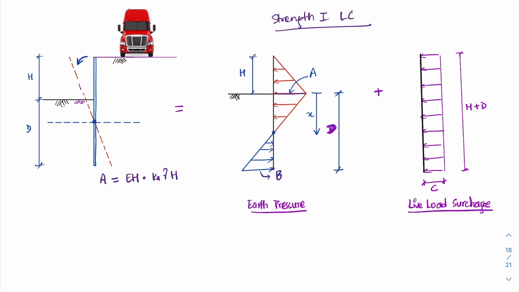Now I will calculate B in a similar manner. B is the intensity at the bottom of the sheet pile, which is basically the difference between the active earth pressure and passive earth pressure.